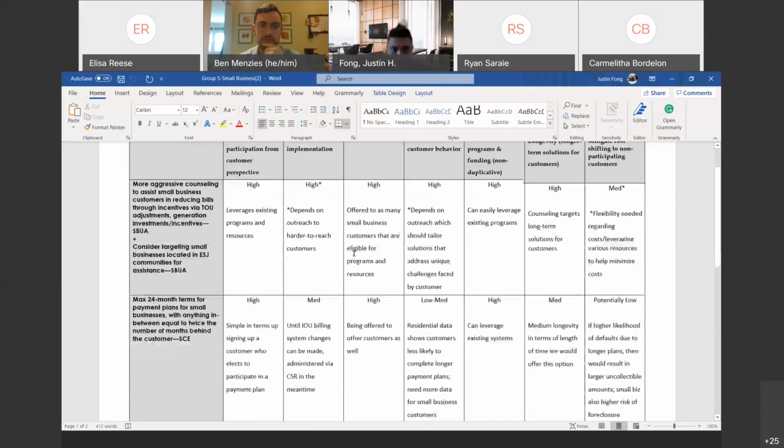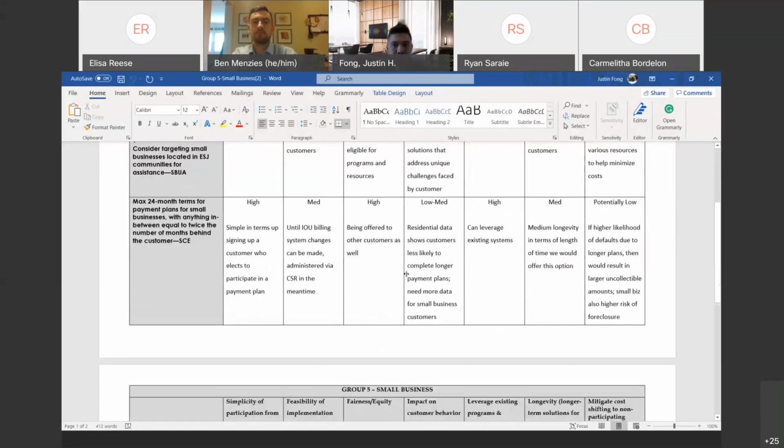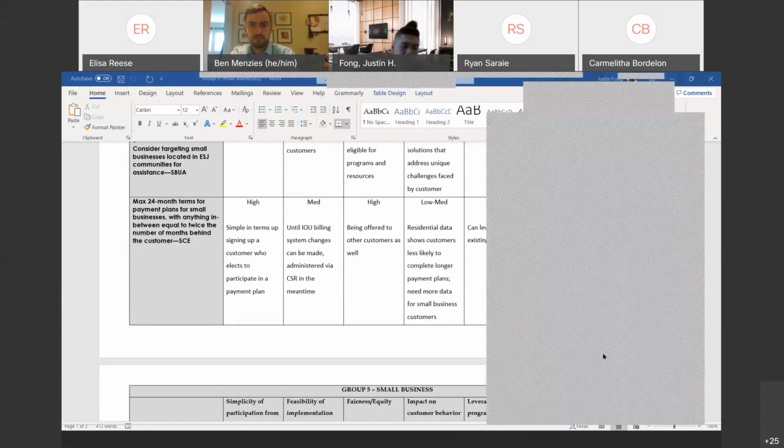Our next proposal is to create customized payment arrangements for customers, and we would provide the customer some type of arrangement based on the number of bills that they're in arrears. For example, a customer that has 6 months in arrears, they will get 12 months to pay back, a payment plan to pay back the arrears.